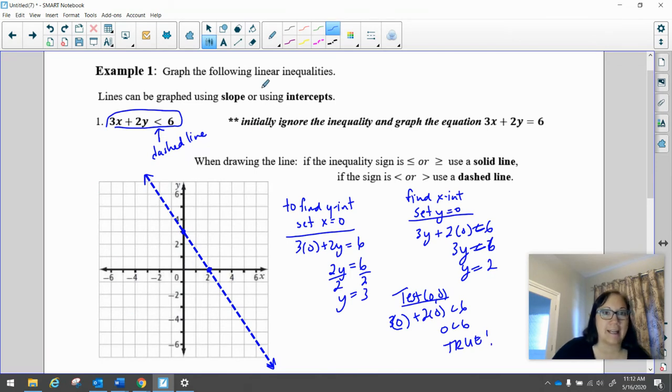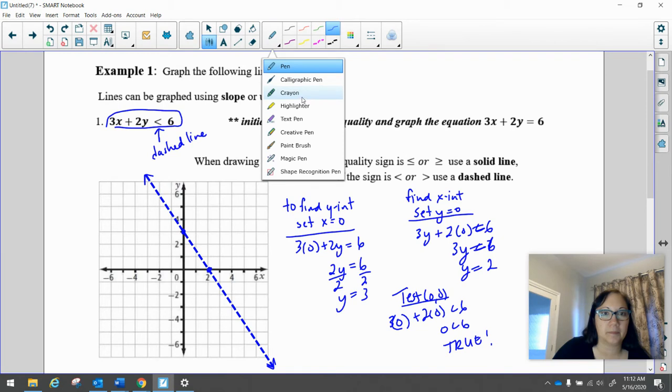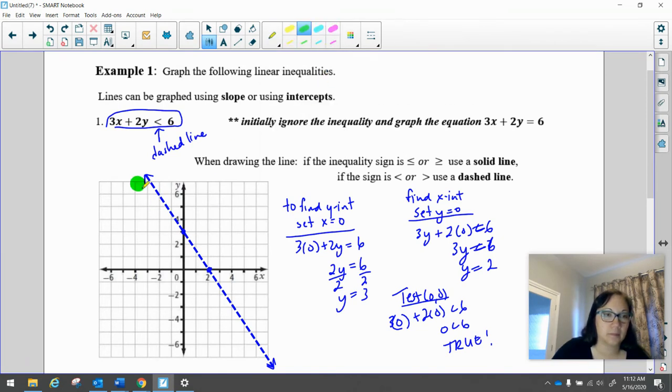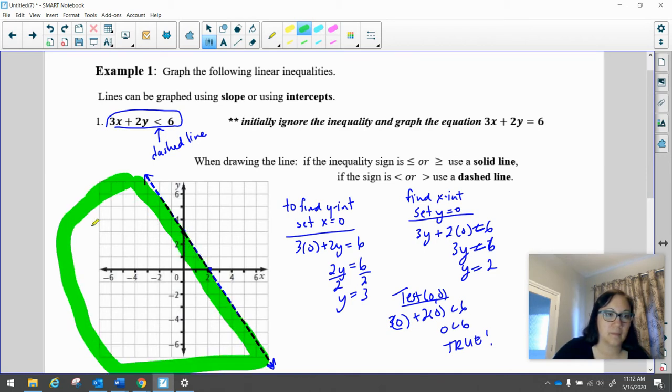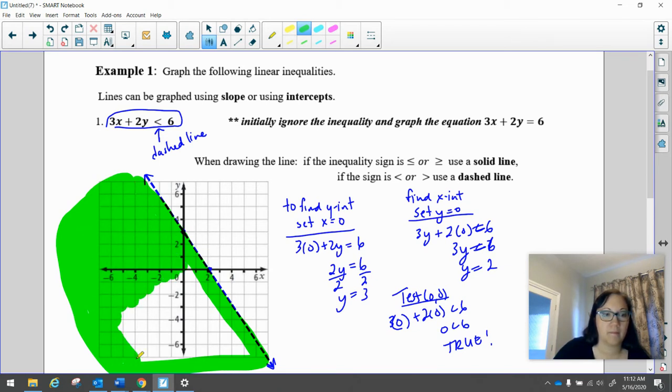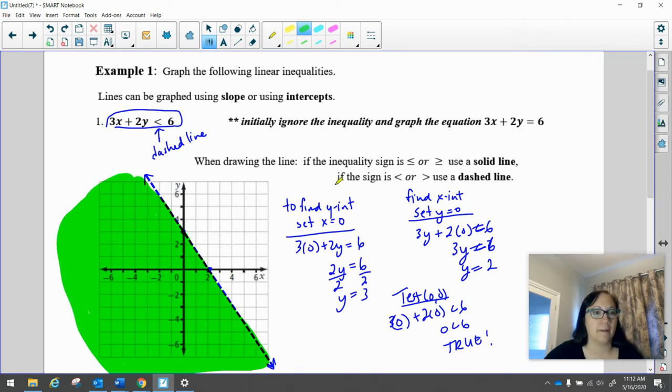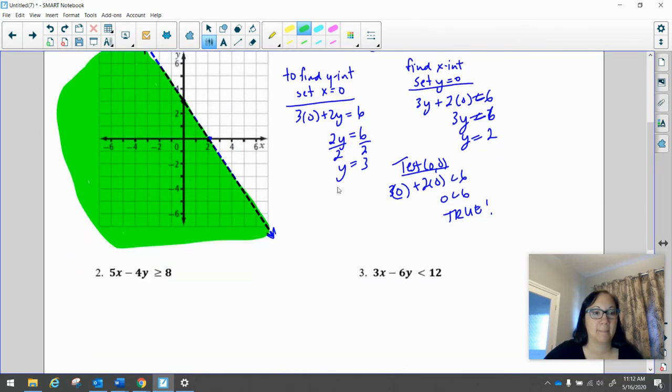So I'm going to shade that side. Okay, so that is what my final answer would look like.